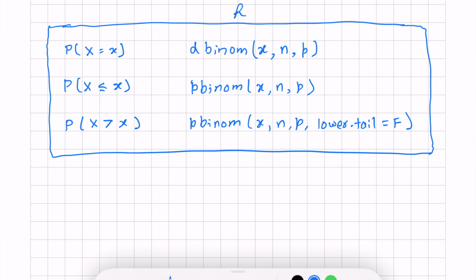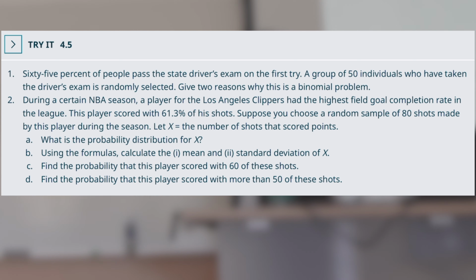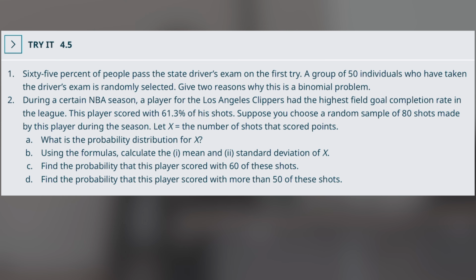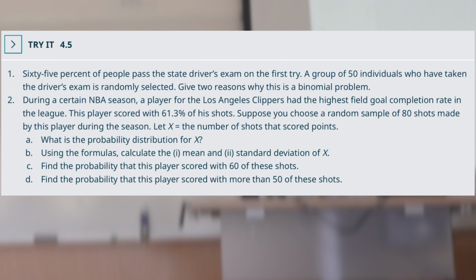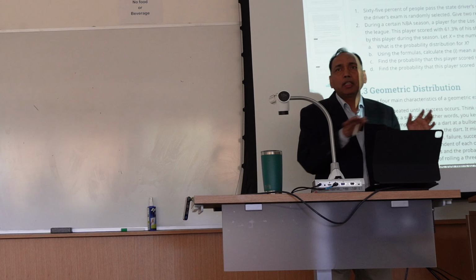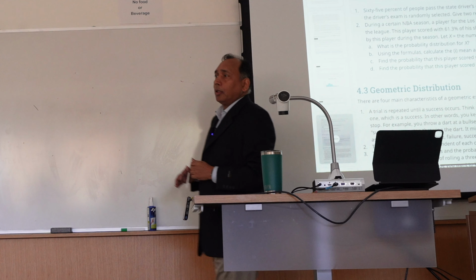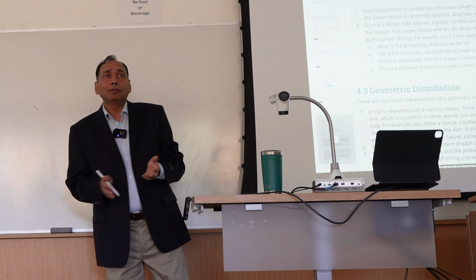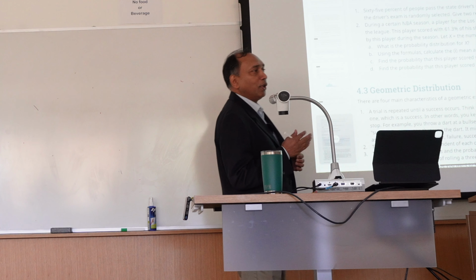So these are all R-related functions. Let's look at one example. Try it 4.5. 65% of people pass the state driver's exam on the first try. When reading a problem here, we know that we are working on binomial distribution. But once we complete the chapter, we would have covered more than one distribution.